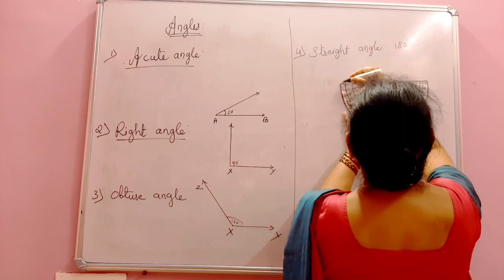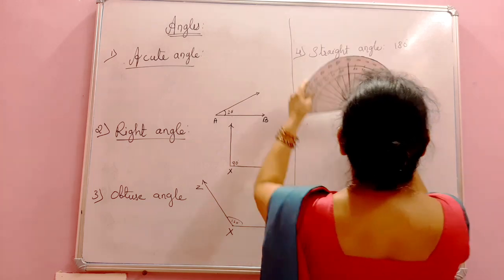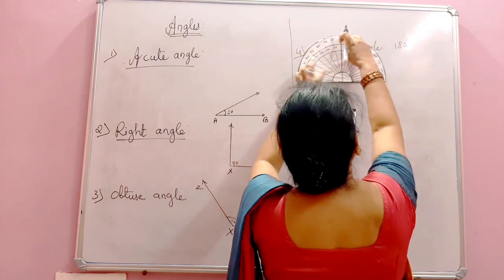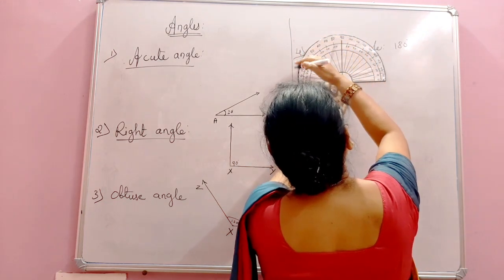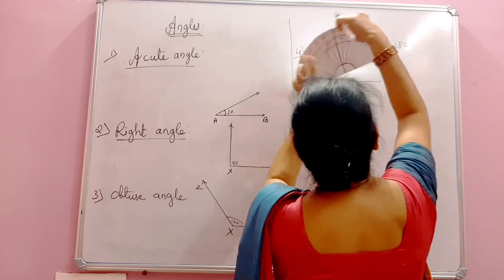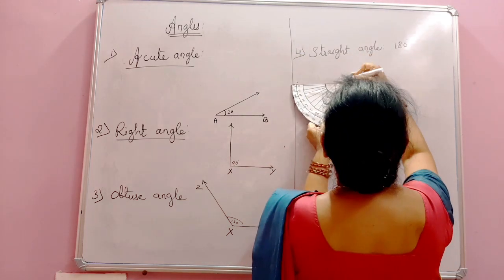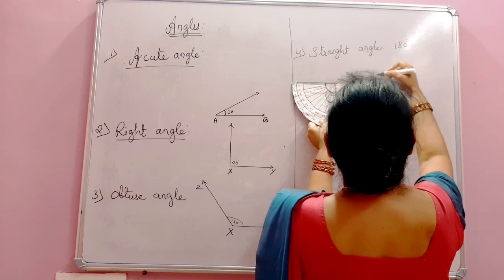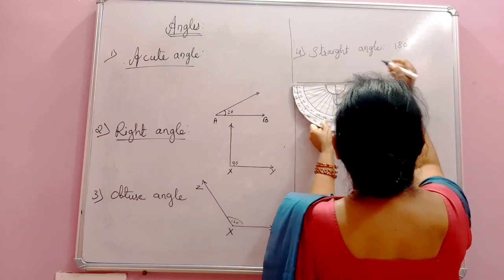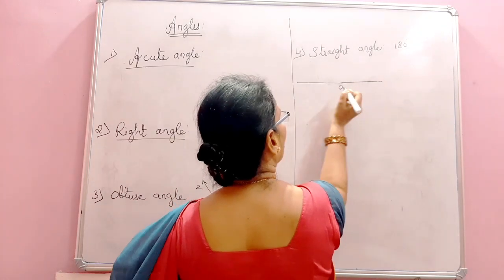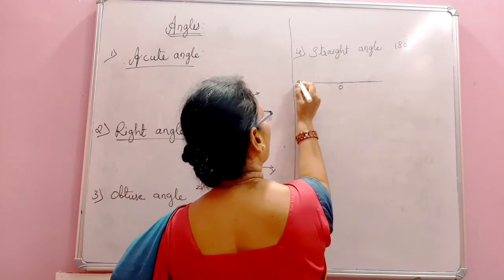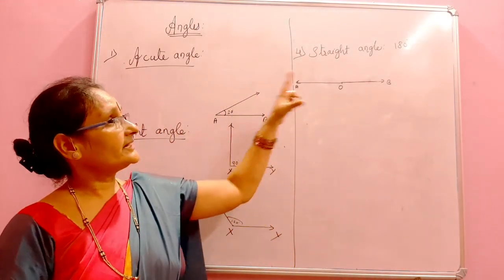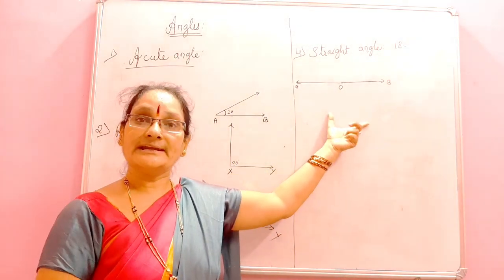Draw a line segment, then 180 degrees goes 0 to 90, then 100, 110 up to here. This is 180 degrees, with A and B at the ends. A straight angle is exactly 180 degrees.